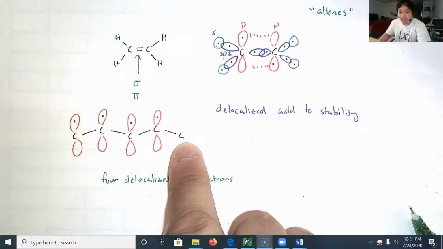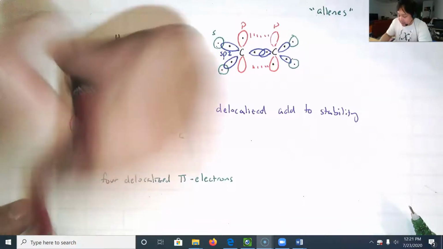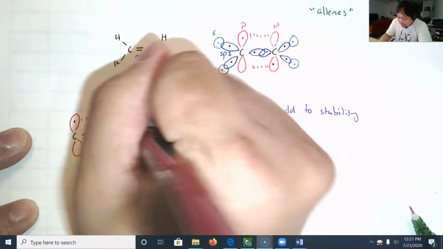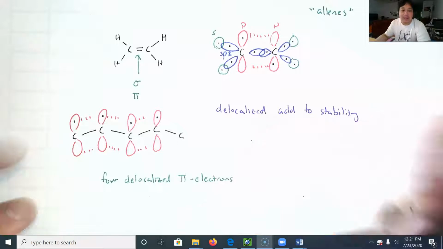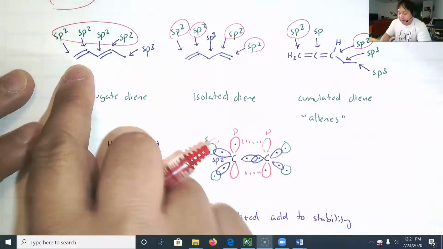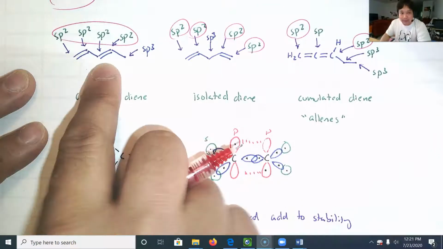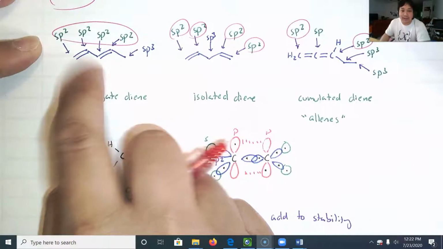This has no p orbital to accept an electron. So we have this sharing of electrons. That adds to the stability of conjugated dienes. So conjugated dienes are more stable due to the chain of sp2 carbons, which allows for the delocalization of the pi electrons.